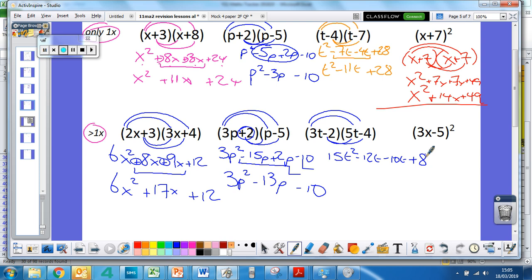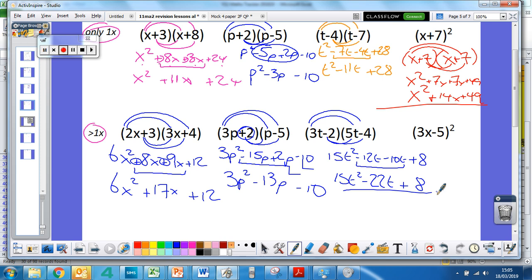Remember, it's the middle bit we need to tidy up. We still have the 15t squared, we still have the plus 8. In the centre, minus 12, minus 10. Number line, negative 12. Going down 10 places would take you to negative 22.